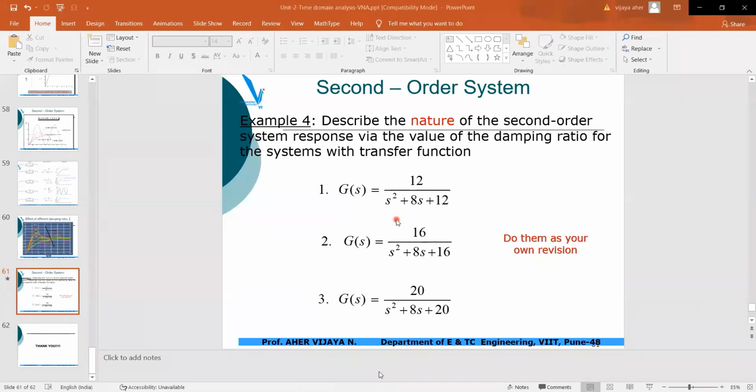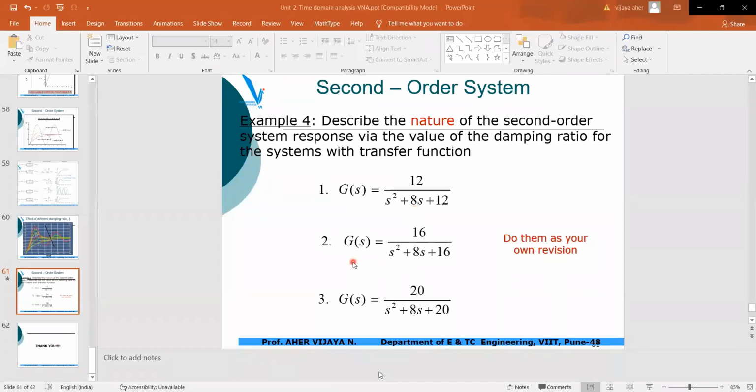First one is g of s is equal to 12 divided by s square plus 8s plus 12. So omega n square is equal to 12. And zeta omega n is equal to 4, or you can say 2 zeta omega n is equal to 8. First of all, find out value of natural frequency omega n and zeta, then proceed further.